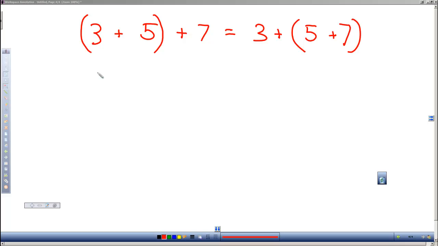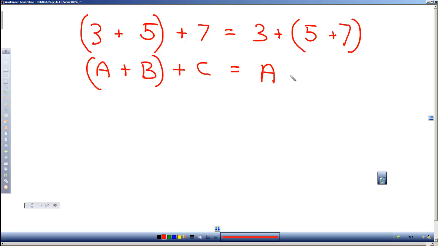So when we apply that to Boolean algebra, we would have that A plus B in parentheses plus C is equal to A plus, in parentheses, B plus C. Would also work with ANDing.